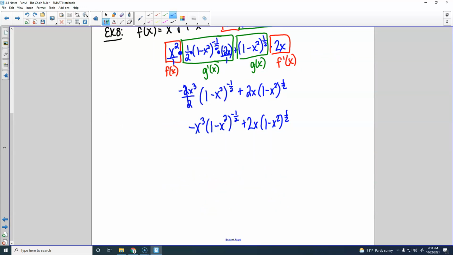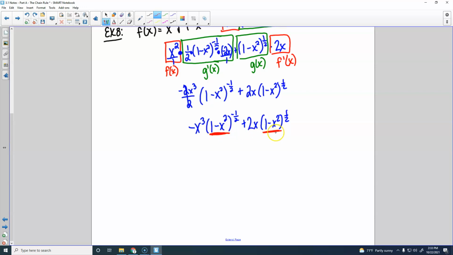Now, there's a couple ways that you can simplify this. I'm going to show you the way that I use most often. Notice that you got a 1 minus x squared here and a 1 minus x squared here. So, you could move this down to the bottom, get common denominators, combined. This is the way that I typically do it instead, though.